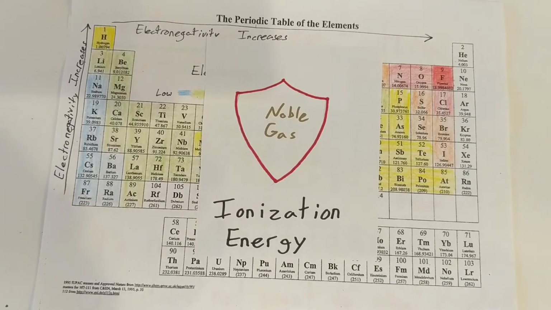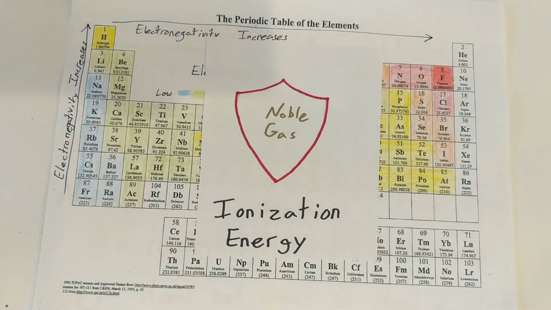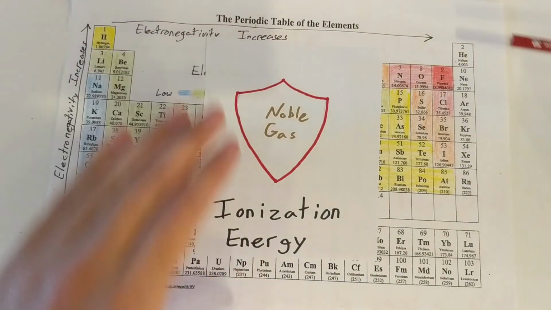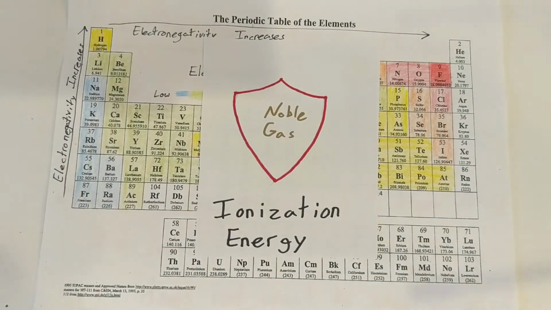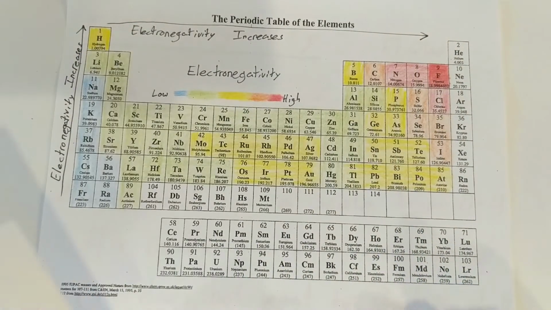And we could think of the nobles back in medieval England, they had castles to defend what they had. They had castles to defend their dreams and their hopes and their aspirations and themselves. And these noble gases have really high defense too for their electrons. They defend those electrons.